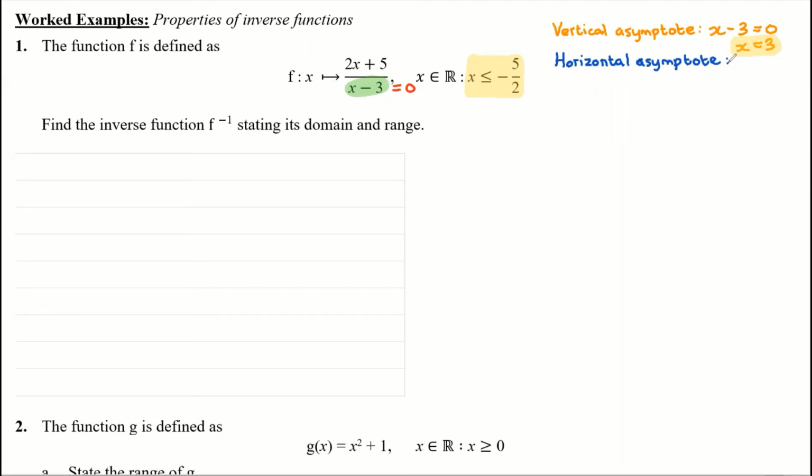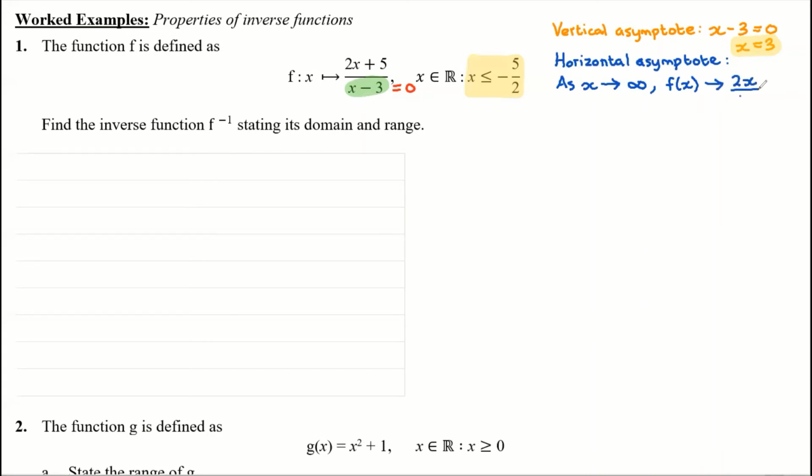So what would happen is, as x approaches infinity, f of x would approach, initially, 2x over x.